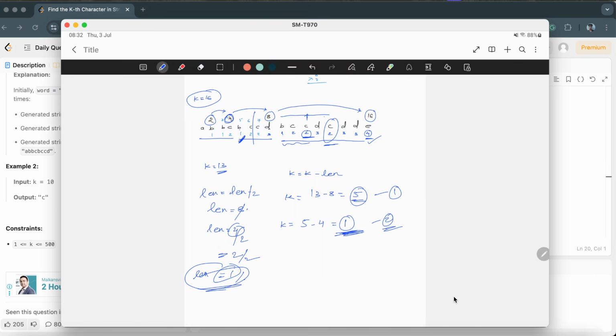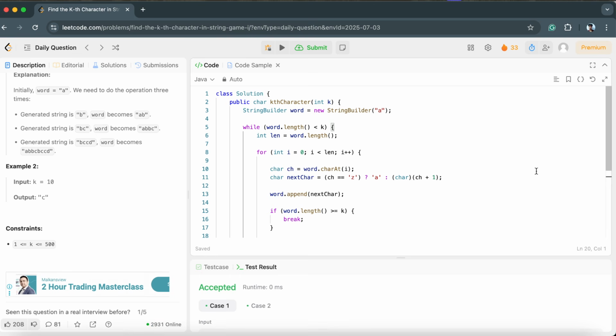That way the moment we got this one, we are done, right? So only two shift operations we have done for this 13th index. The same if you try for any index, with the help of this we can easily get it. That's how we can solve this one. The code that we have seen will take log of k time, so any big numbers that we have, we can easily solve.